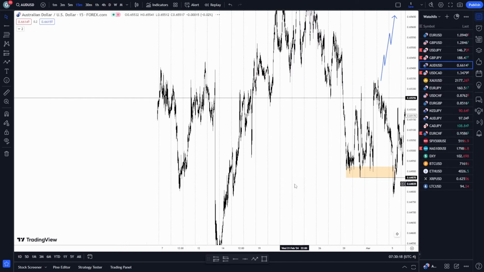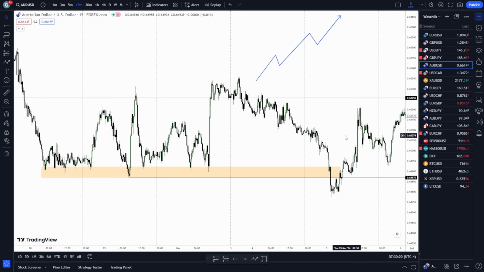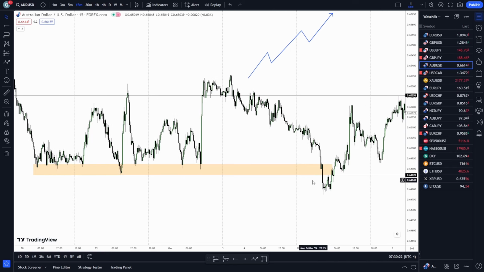In this scenario the market is bullish because on the daily time frame price went below this demand zone. So we know it is going below, and we are looking for the raid of the sell side. Price has gone down and taken the sell side right over here.